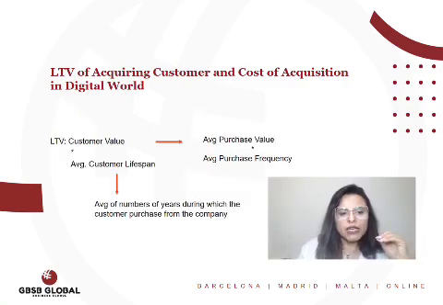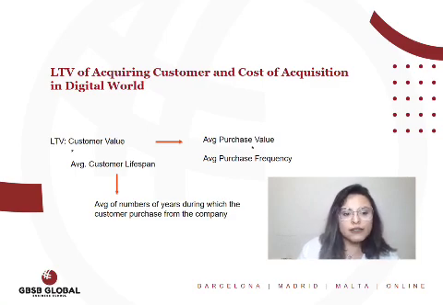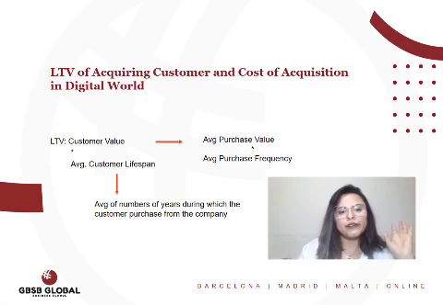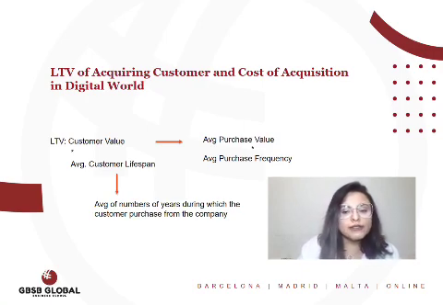The LTV is the customer value times the average customer lifespan. What is the customer value? It's the average purchase value times the average purchase frequency. What is the average customer lifetime? It's the average number of years during which the customer purchased from the company.